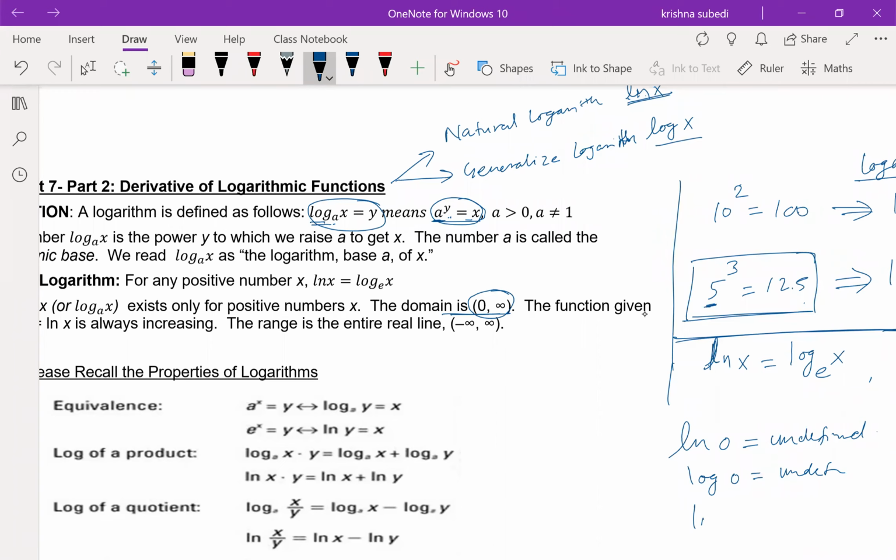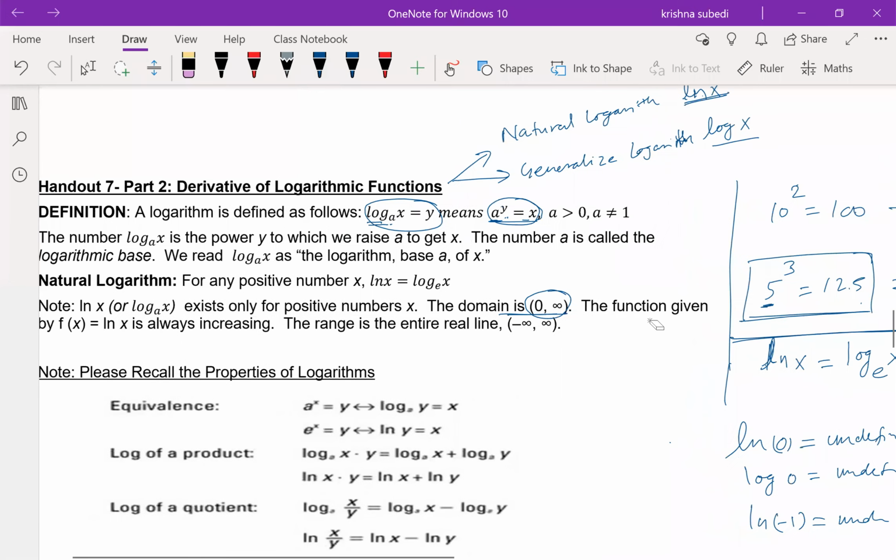If you put ln(-1), for example, still undefined. So what it means is the domain for a logarithm always needs to be positive numbers. Just keep that in mind. Therefore, a lot of the time for logarithmic functions, we put the absolute value sign like this to make sure that this value is positive.